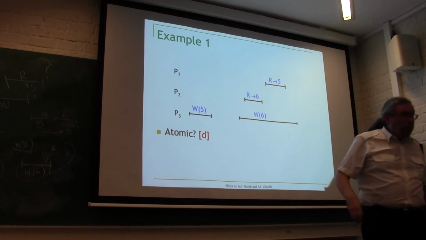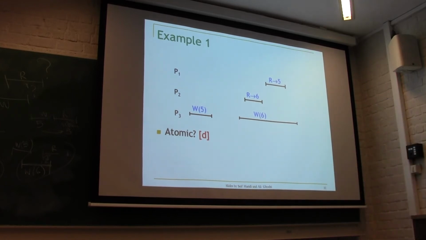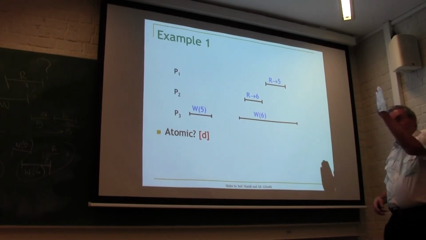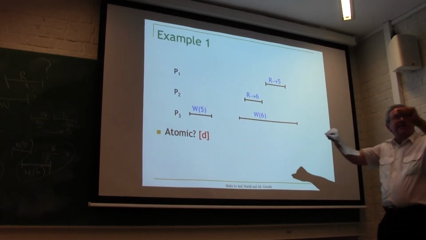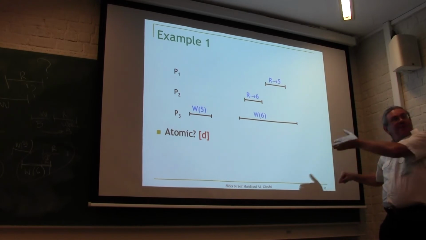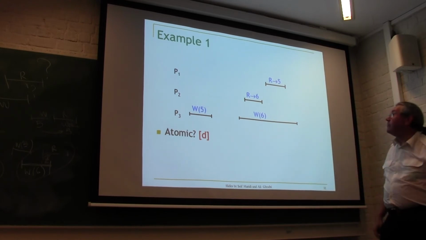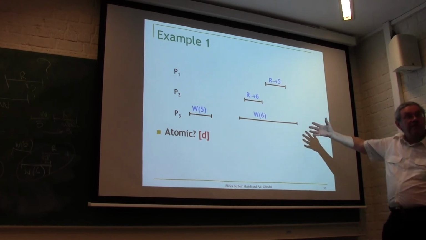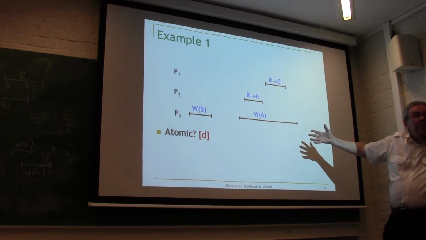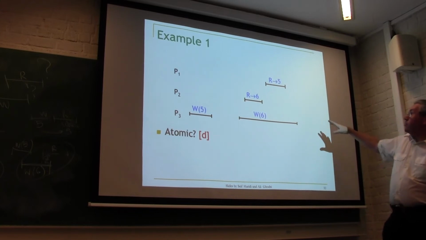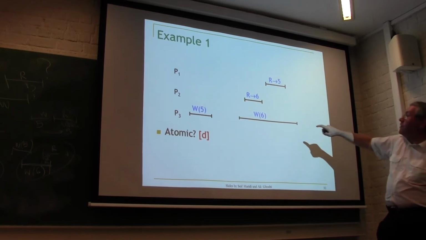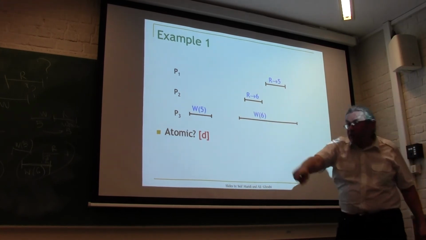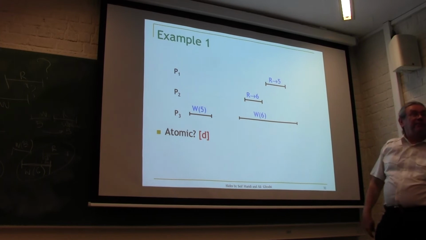Is there a global single system image? Is it as if the writes were done and the reads were done in one sequence like that? You tell me. Is this atomic? Can I, if these are threads running on a machine, can I get this result?